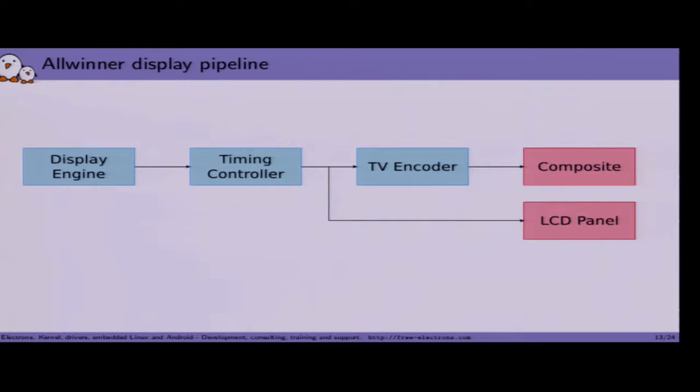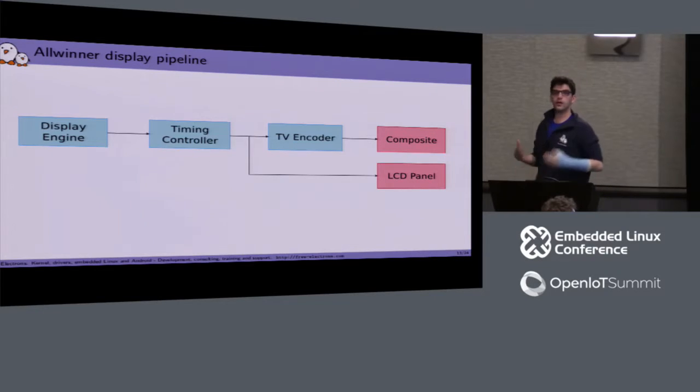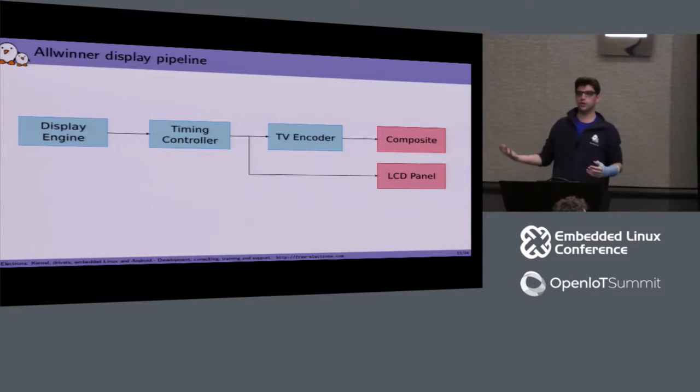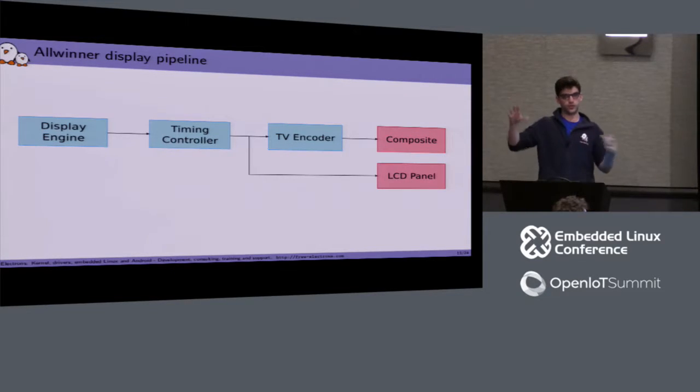It passes them either directly to an LCD panel, because it's able to directly generate the timings and so on to drive a panel, or it will pass them along to another hardware block called the TV encoder, which will encode the data to either a composite output or VGA. So depending on the screen that you are using, you will basically use one route or another.